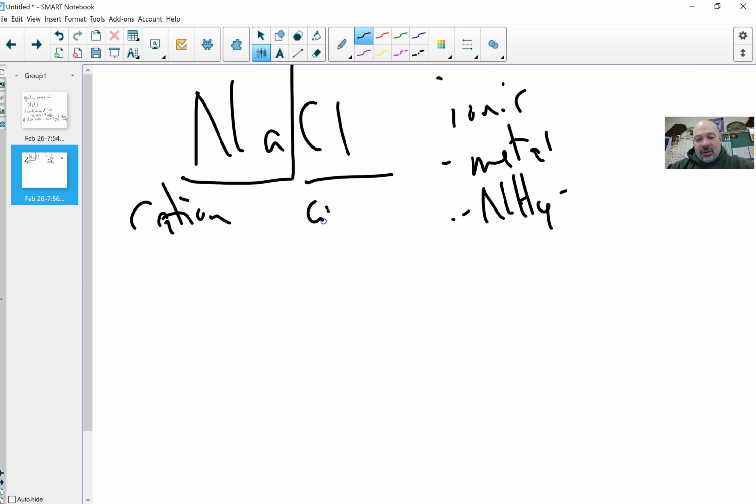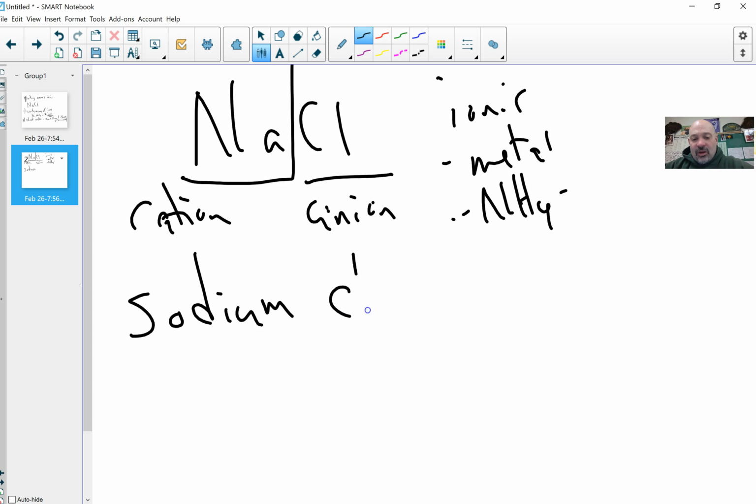Everything that comes after Na is the anion. So Na, we name metal cations by calling it sodium. In this case, we don't have to put the word ion after it because it's in a compound already. And then Cl is chlorine, but for anions, we drop the ending and add -ide. So there you have sodium chloride.